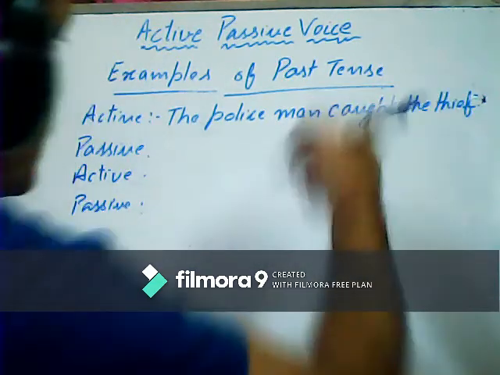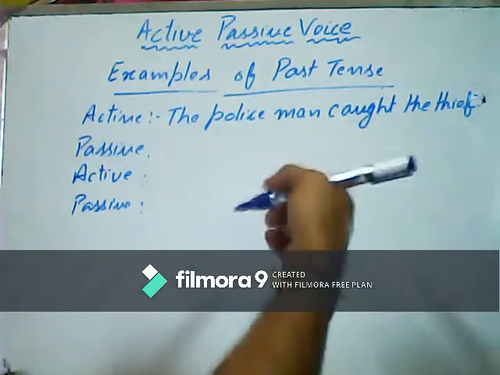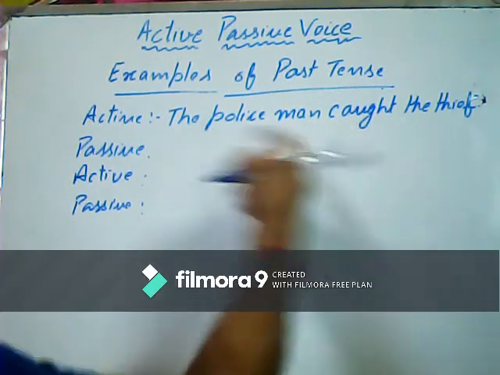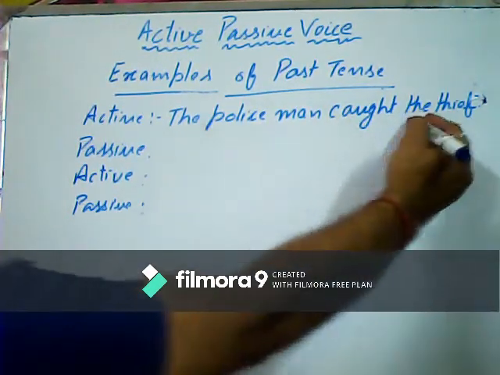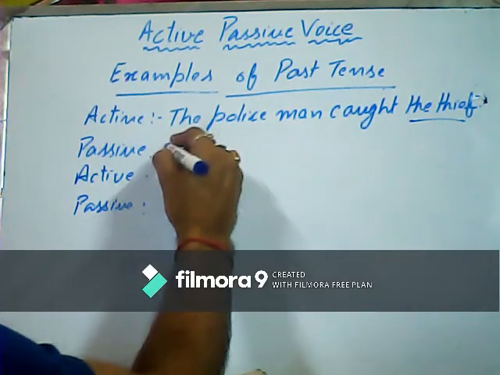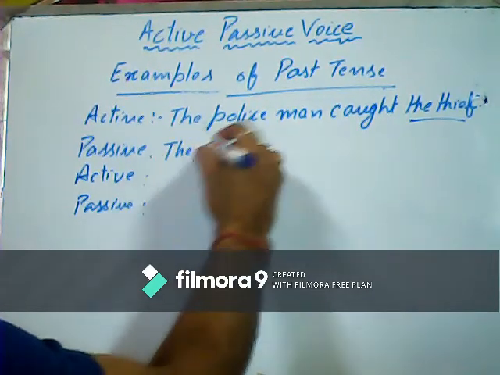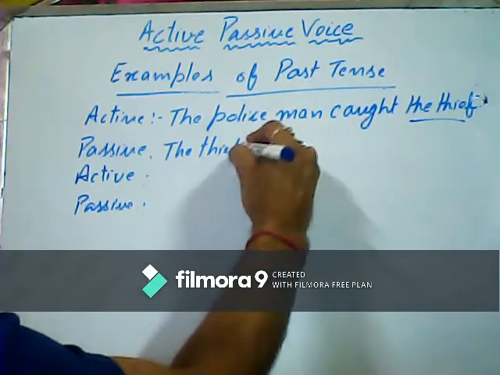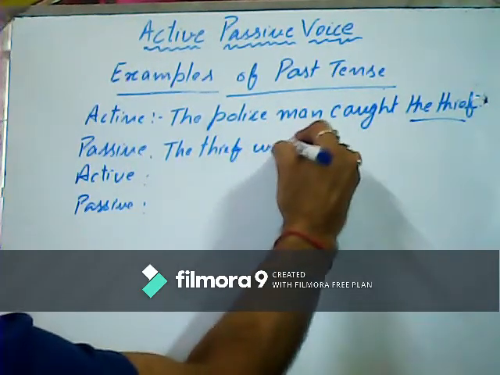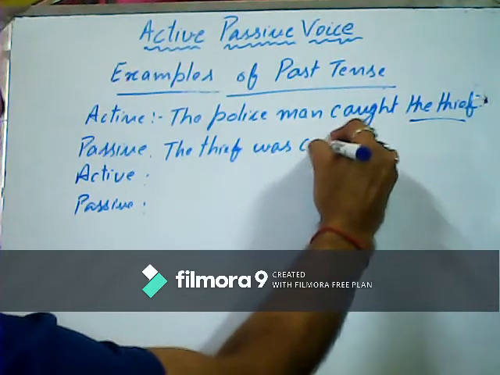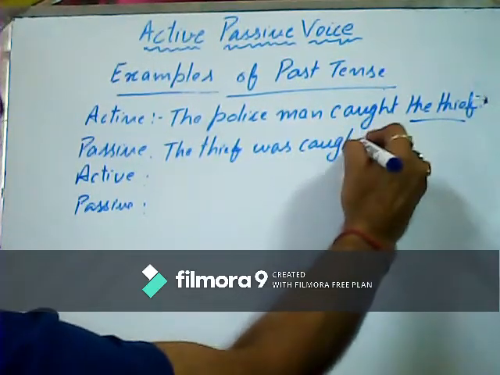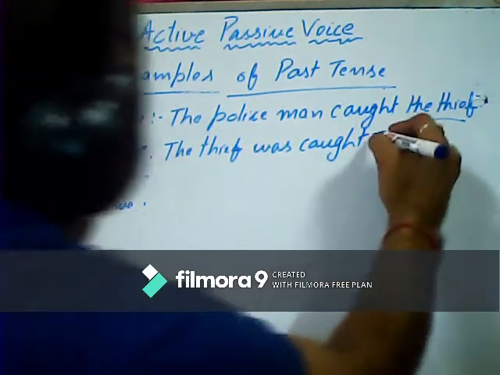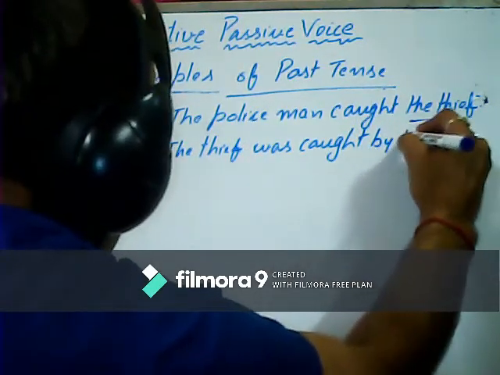Now you yourself have to recognize that because we are using the second form of the verb here, caught, it is simple past. Okay, so now the thief will become the subject. The thief was caught. The third form of catch is caught. The thief was caught by the policeman.